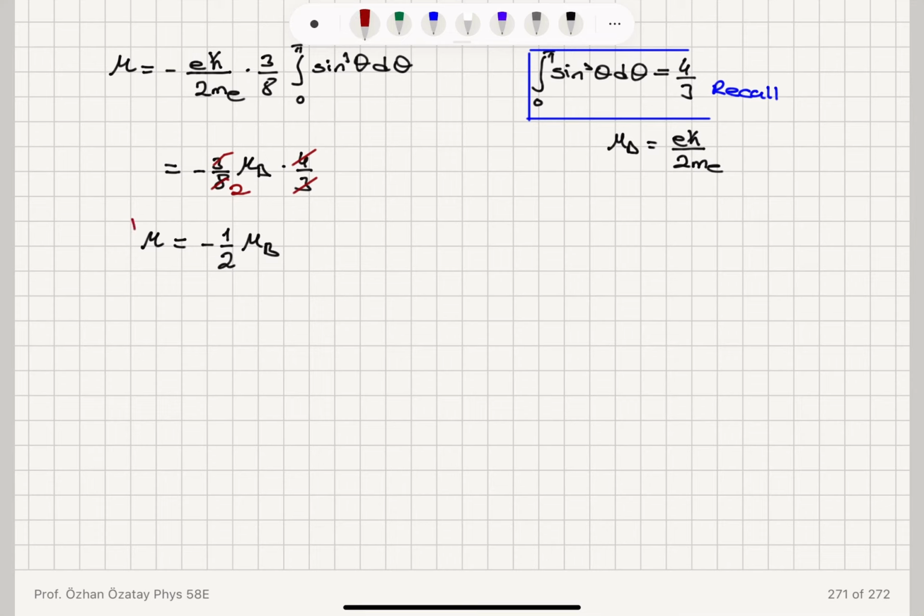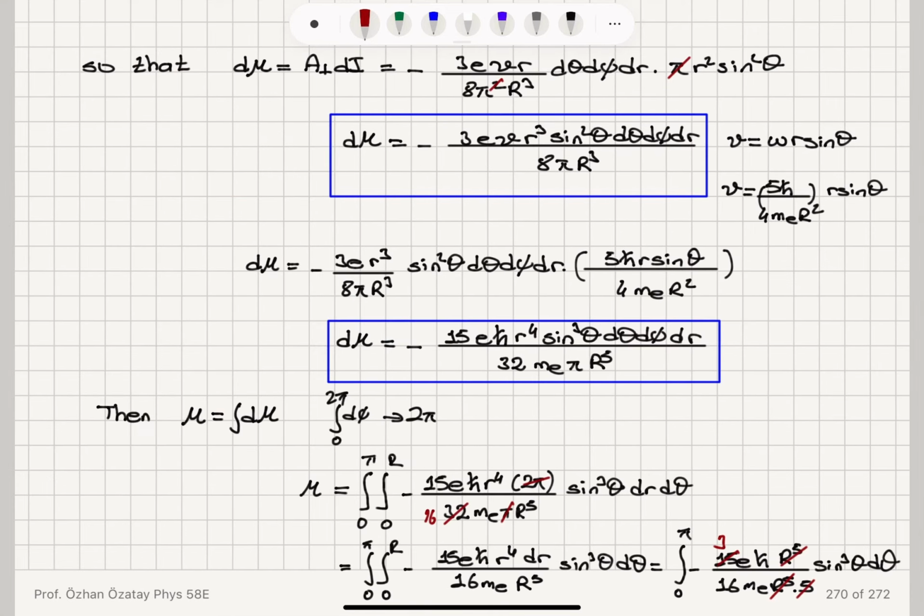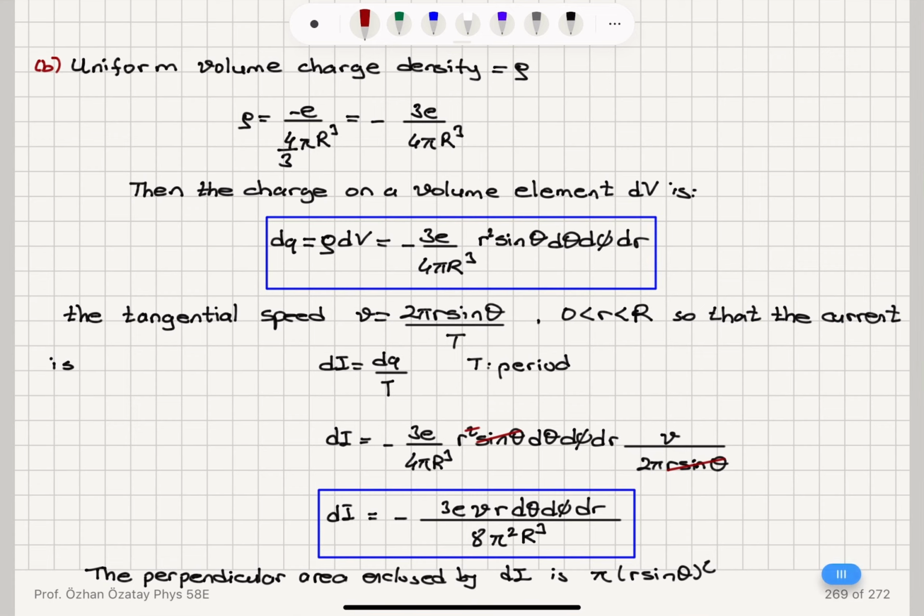So when we assume that the charge is distributed uniformly throughout the volume, the magnetic moment of the electron spin turns out to be minus 1 over 2 Bohr magneton in this model. So in summary, we're continuing our calculation with the uniform volume charge density.